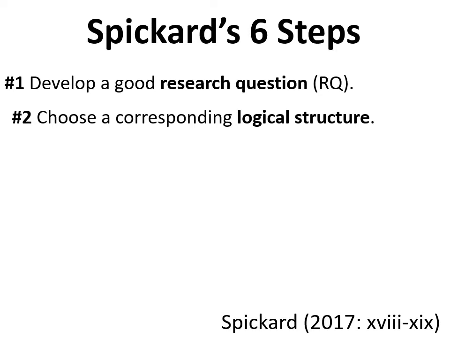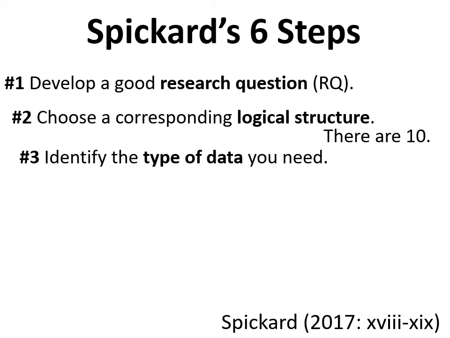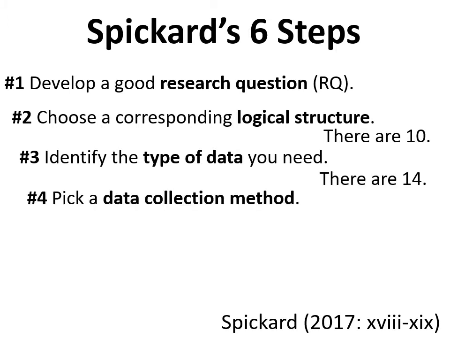Spickard names 10 of these. Then he suggests that you identify the type of data that you need to answer that research question in the logical structure that you picked. And he goes on to enumerate 14 of those puppies.